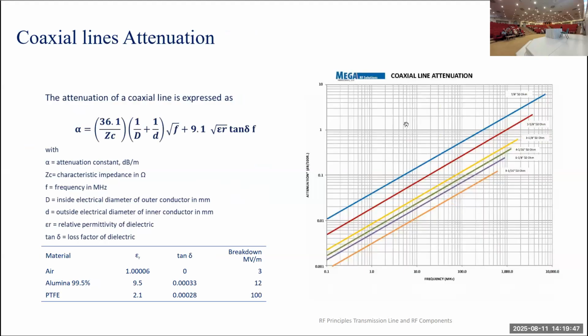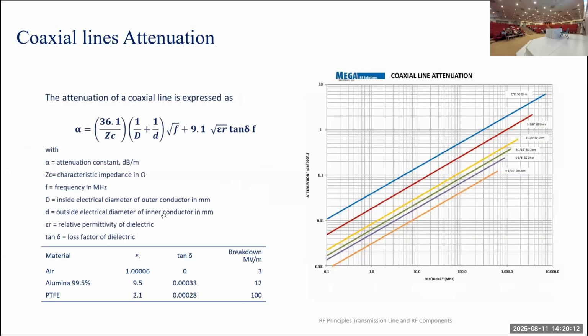Similarly, the attenuation of these coaxial cables is defined by this formula. Here, characteristic impedance is very important. Frequency is very important because this attenuation is directly proportional to the square root of RF frequency.